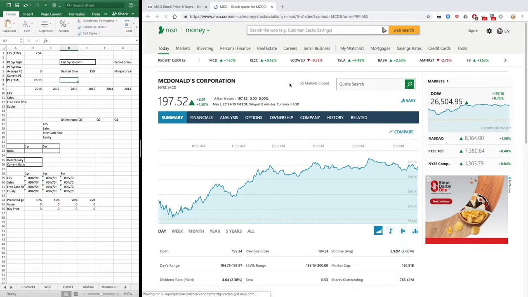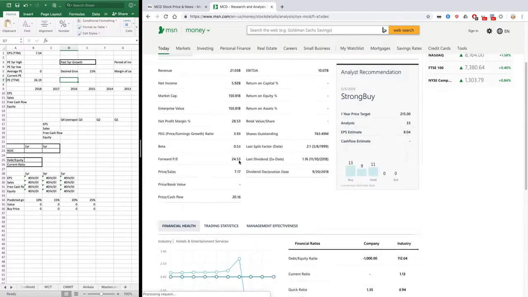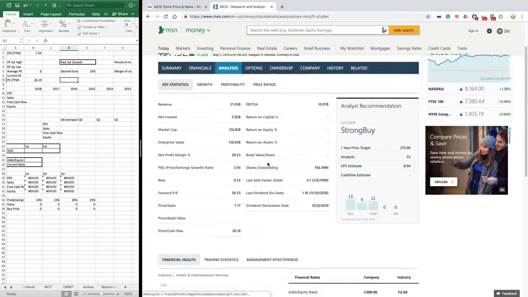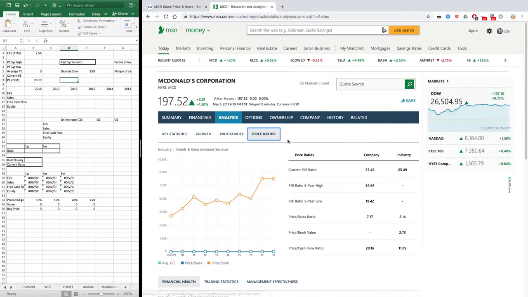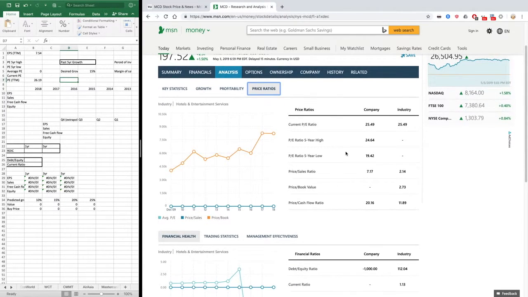The 5-year high PE ratio, where can I find it? Under analysis, price ratios, here's the current PE, 5-year high and 5-year low. So I'm going to take this as well.